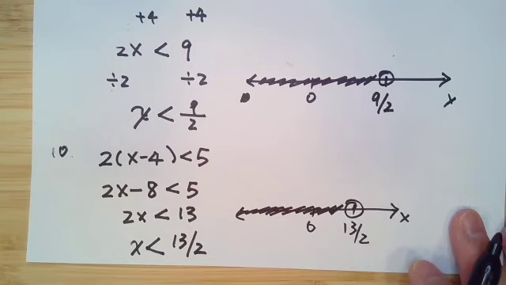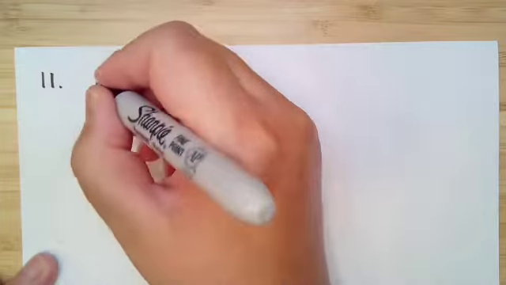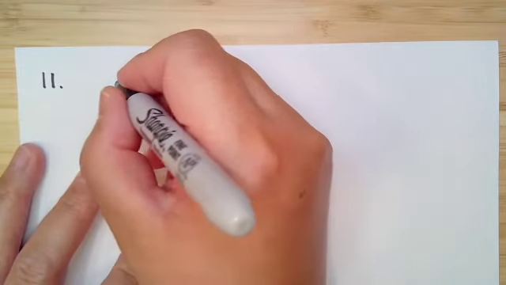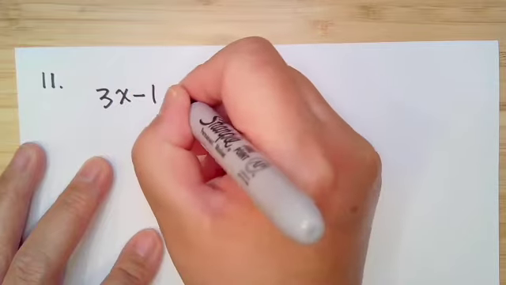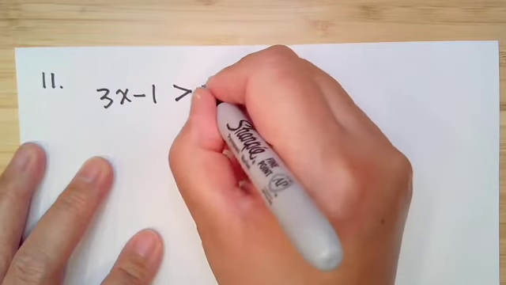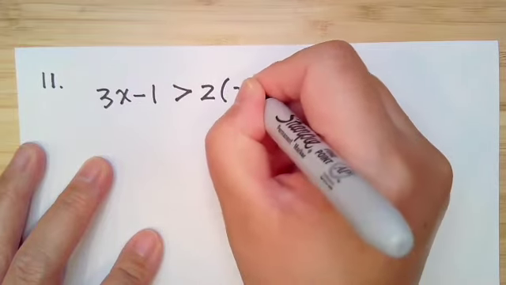So we work on one more. I just try to make sure that you know how to solve all kinds of inequality problems. The last one, number 11, I make very complicated: 3x minus 1 is greater than 2 times x plus 1.